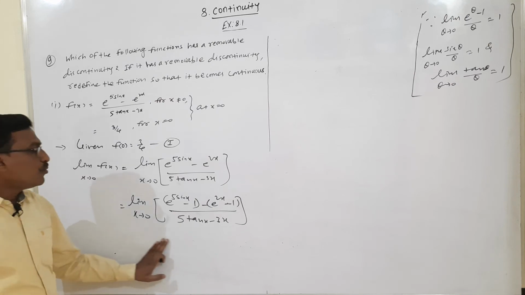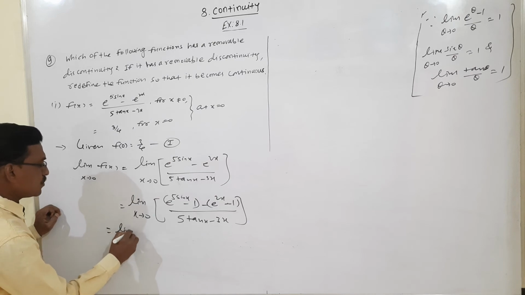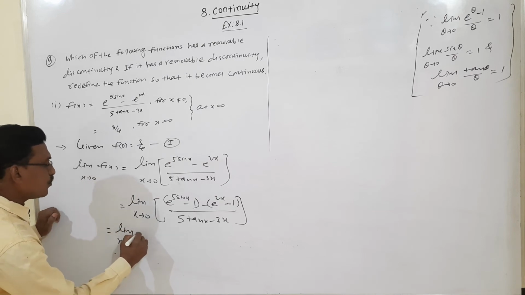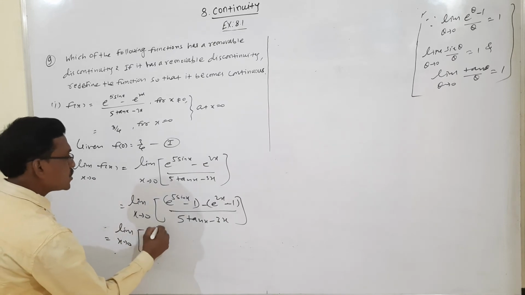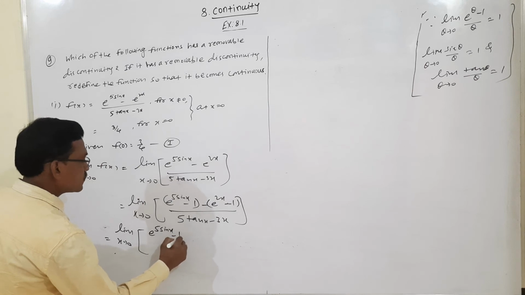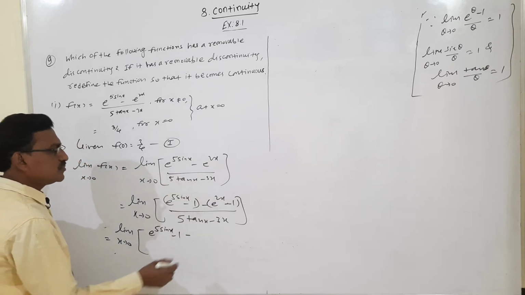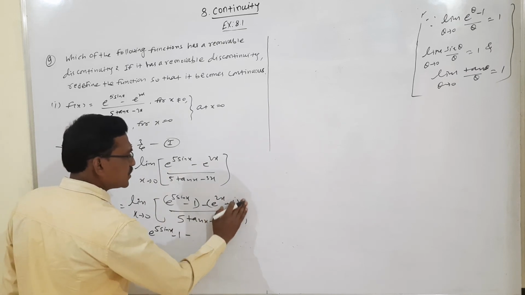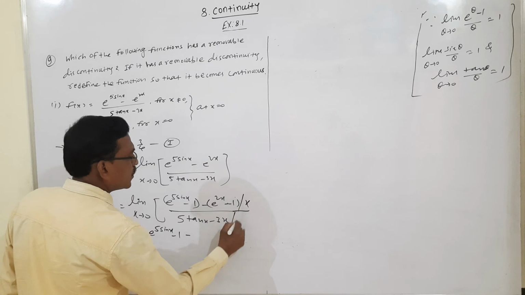Now we divide numerator and denominator by x here, as x tends to 0: e raised to 5 sin x minus 1 minus, we adjust here this, in this step also we divide numerator and denominator by x.